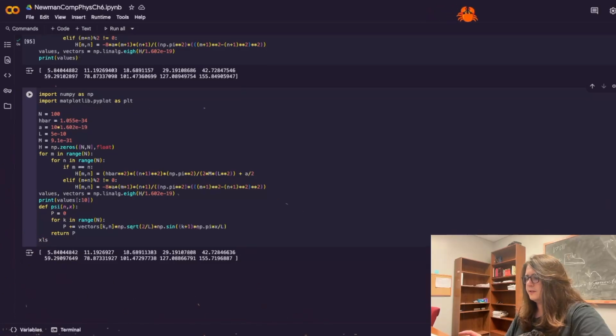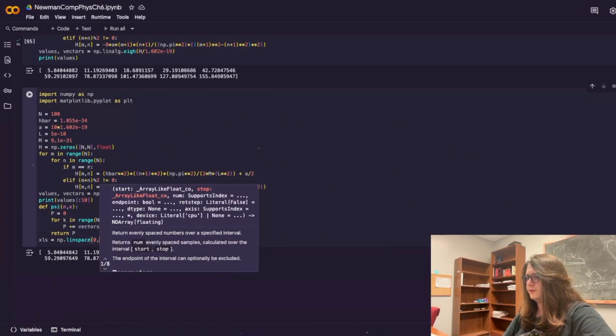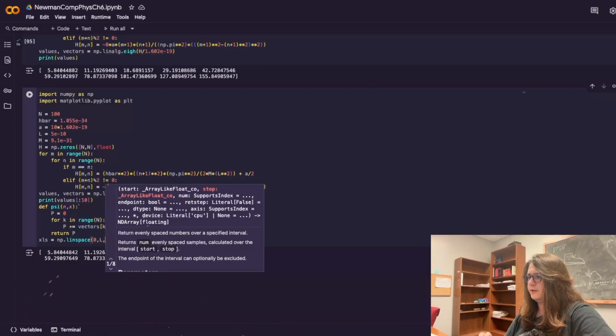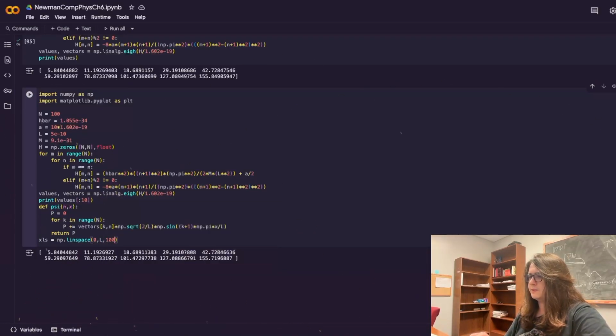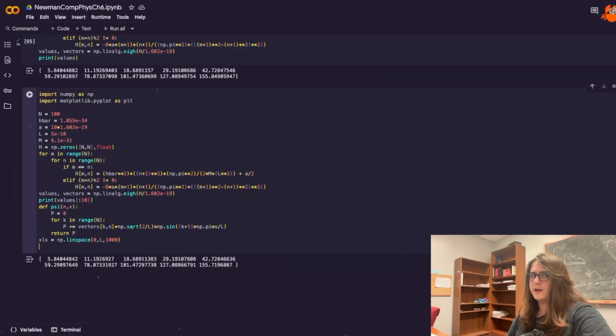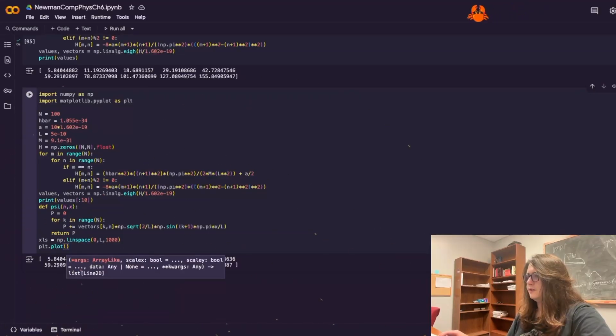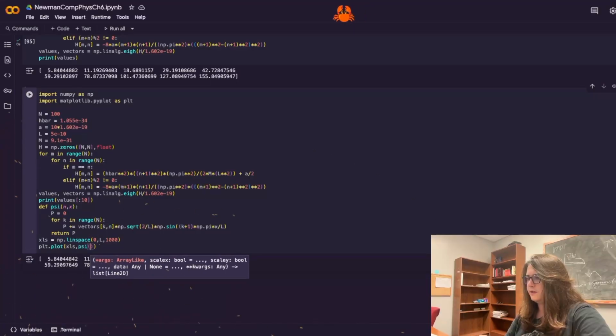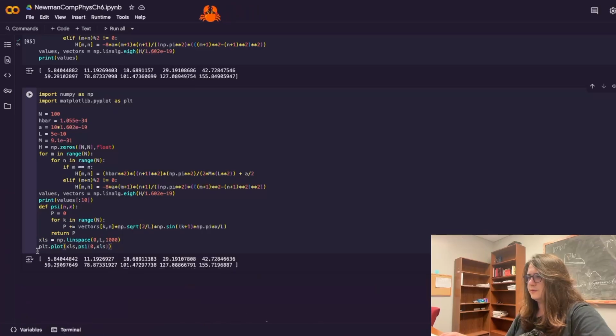We can test this on a list of input values, which I'm just going to call XLS, which is going to be a NumPy linspace, which is going to go from 0 to L in 1,000 steps for that high fidelity graph. At that point, you can plot the XLS versus psi of 0 comma XLS, and also that's just the ground state, right?